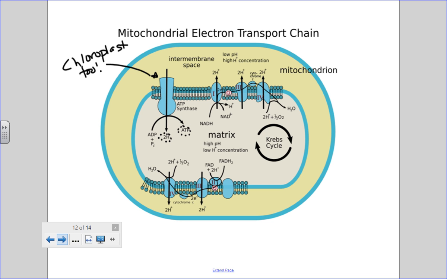Now what's happening? On the top, we're illustrating what NADH does. Notice that there are 1, 2, 3 protein acceptors that the hydrogen, and that energy, is going to travel through. Every time it moves, the result is that hydrogen is pumped out so that it can go over here and move through ATP synthase.